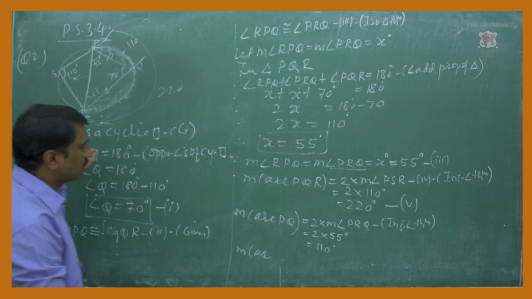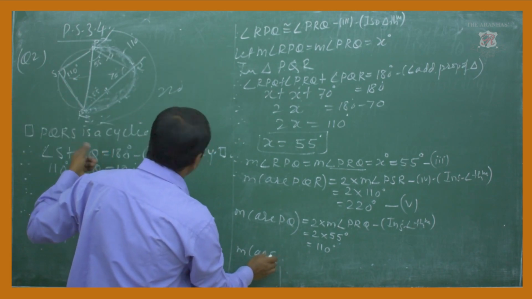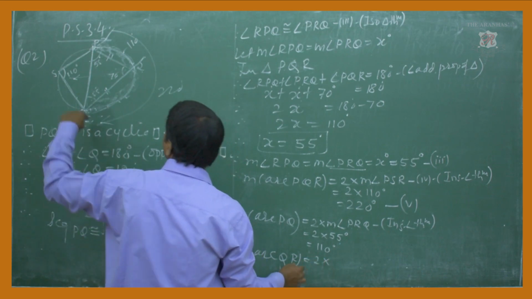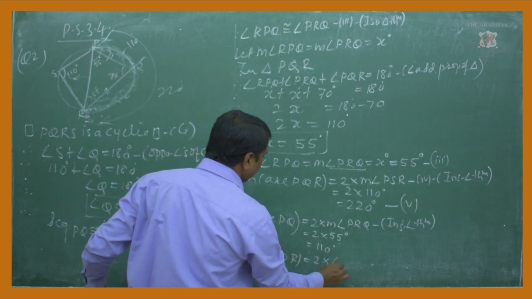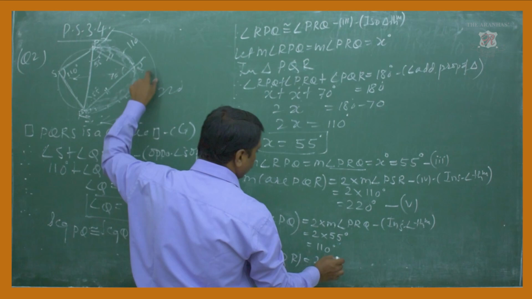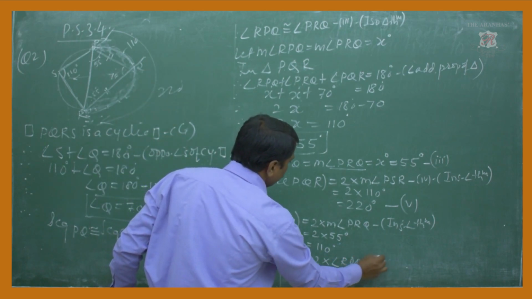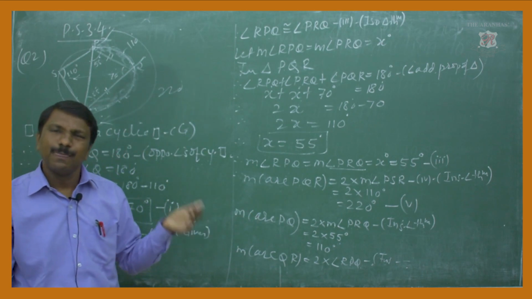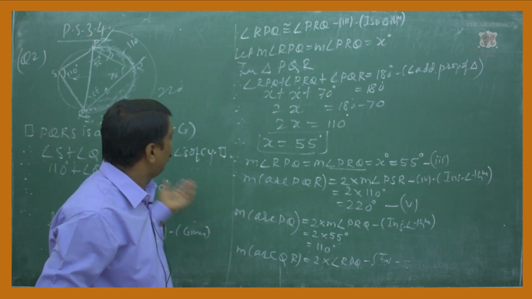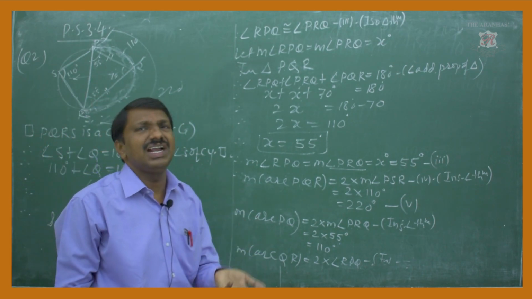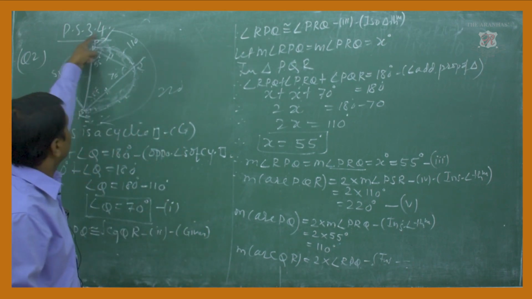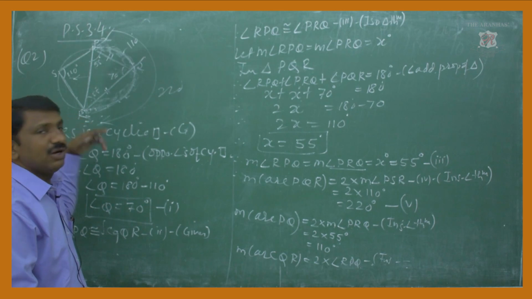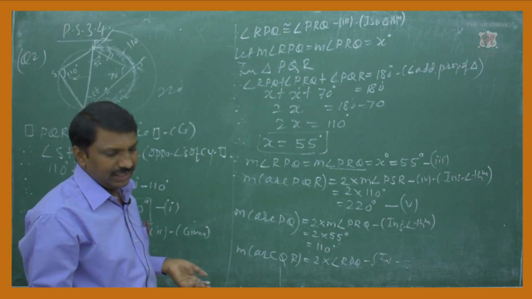Measure of arc QR is equal to 2 times angle RPQ, which is also an inscribed angle. Otherwise, by the arc addition property, because the total arc's value we know is 220, half is 110, so the remaining is obviously 110 only.